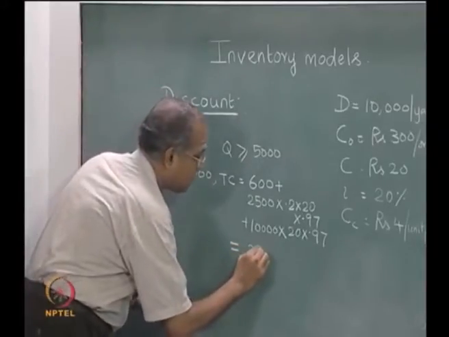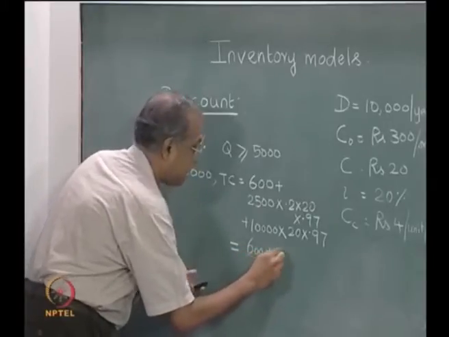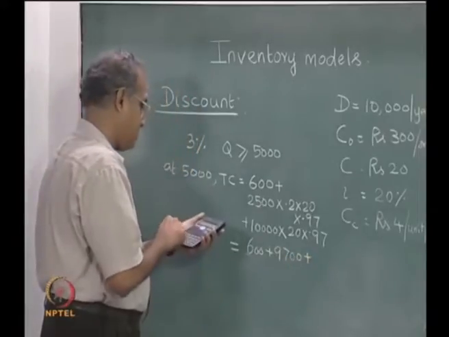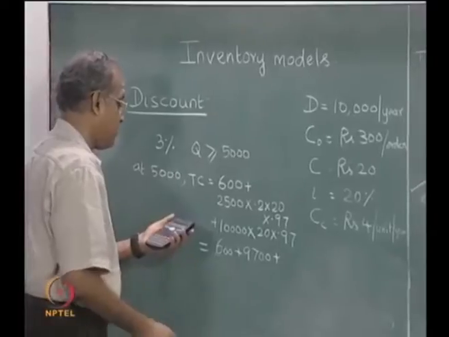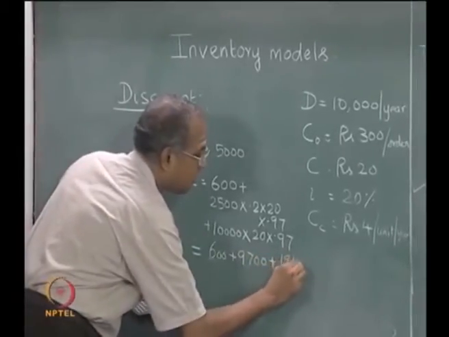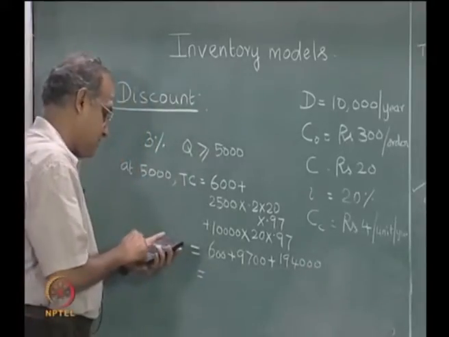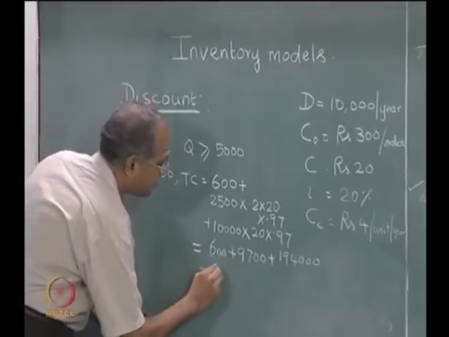So, the first one is 600 plus 9700 plus 194000. So, this is 204300.